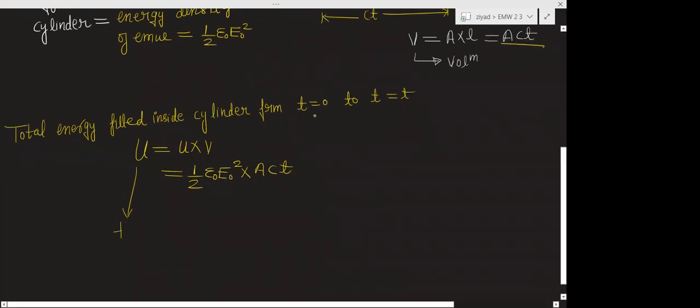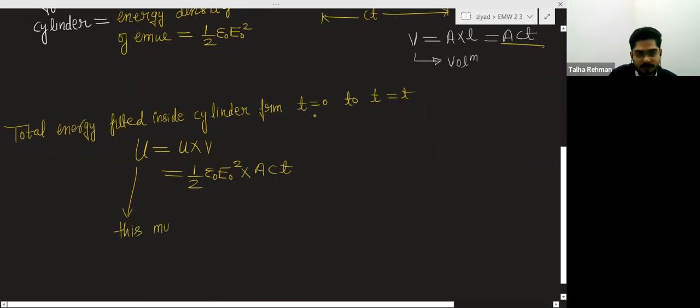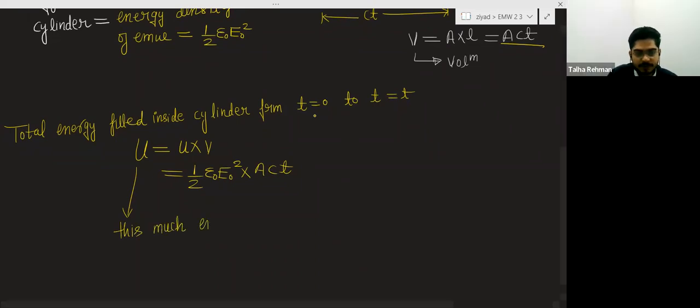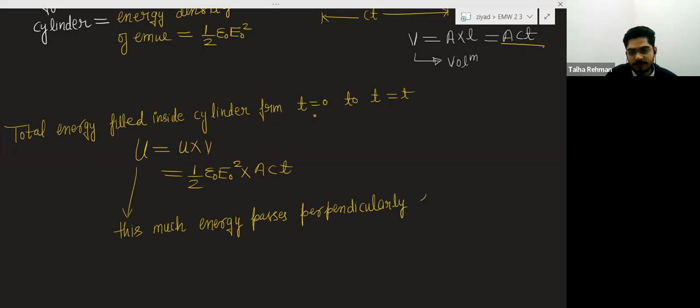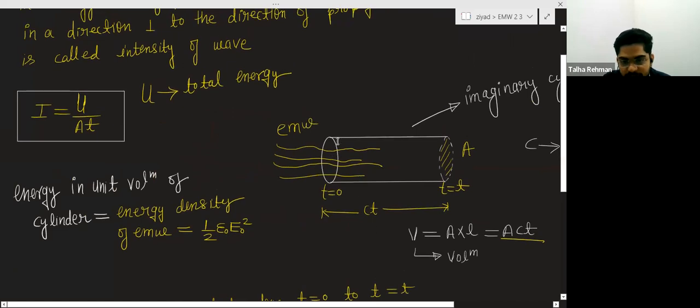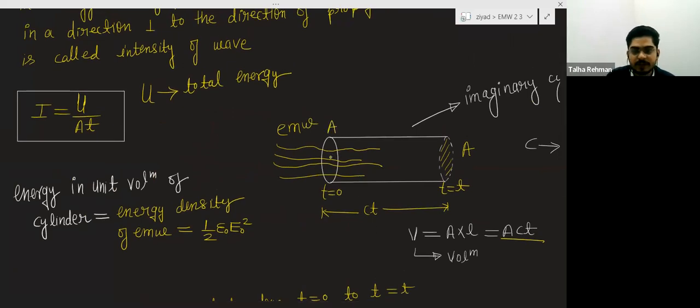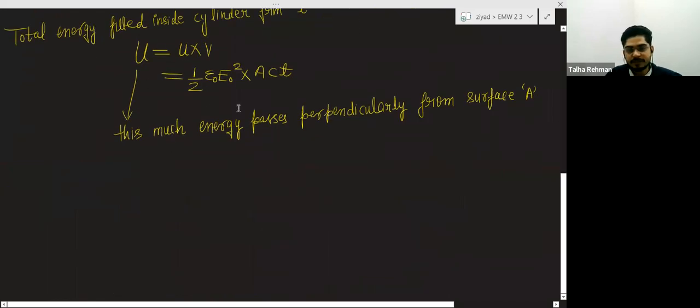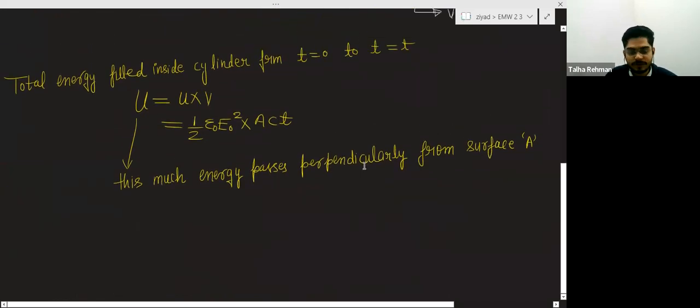So you can write, this much energy passes perpendicularly from surface A. What is A surface? This surface is A surface, the area of the cross section of the cylinder. This much amount of energy passes perpendicularly from surface A in time t.